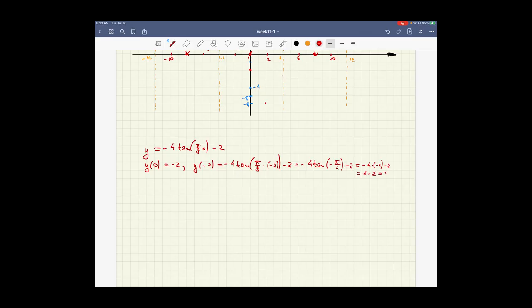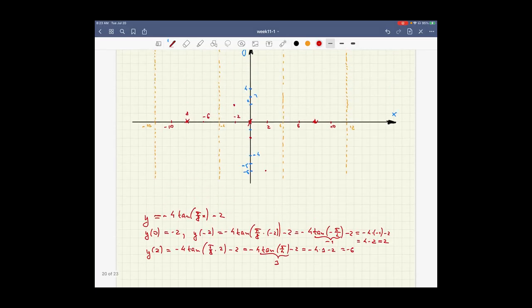That is 4 minus 2, that's 2. Looks good. And y at 2 is -4 times tangent of pi over 8 times 2 minus 2. That's -4 tangent of pi over 4 minus 2. That's -4 times 1 minus 2. That's -6. Looks correct.